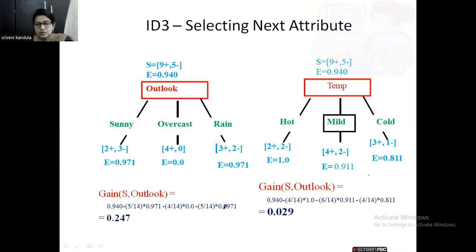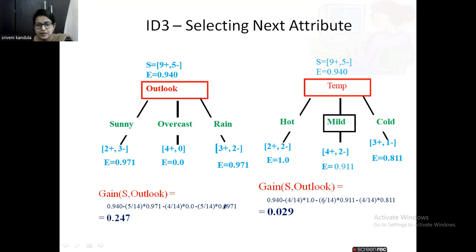Now, to calculate the gain value: entropy of S, which is 0.940, minus cardinality of hot, 2 plus 2, 4, the overall number of examples being 14, multiplied with 1, minus mild, 4 positive and 2 negative, overall 6.